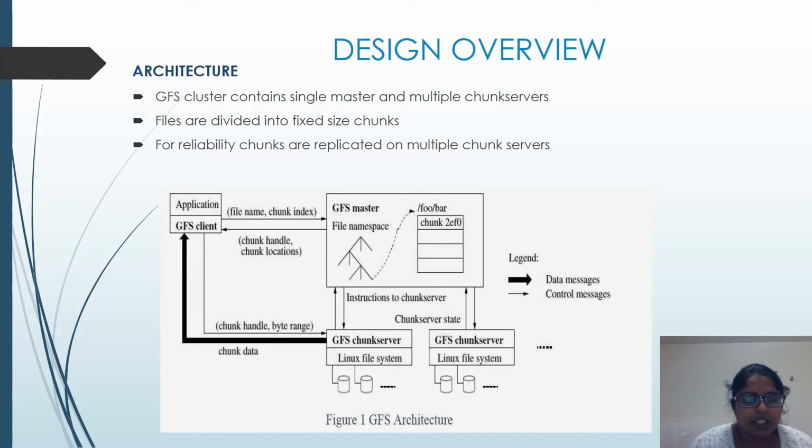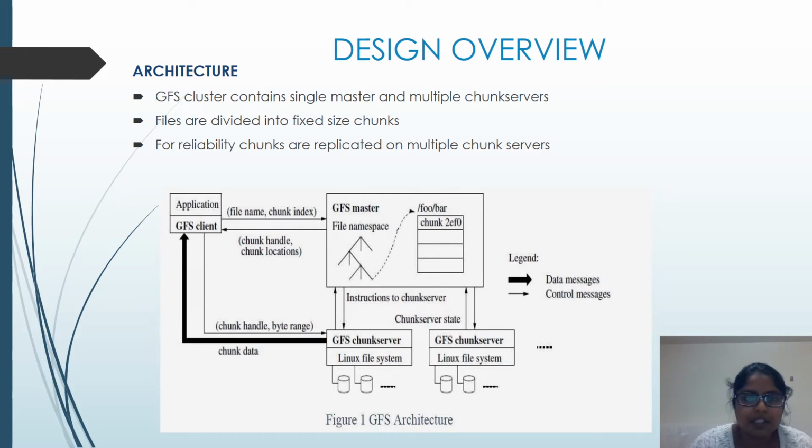Master maintains only metadata information. Client interacts with the chunk server for write and read operations. Let's now see the mechanism, how it works, in the figure. First of all, the GFS client converts the file name and byte offset in a file to a file name and chunk index and requests the master with the file name and chunk index.